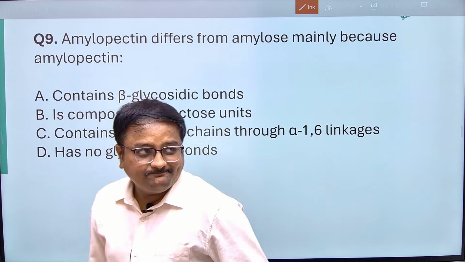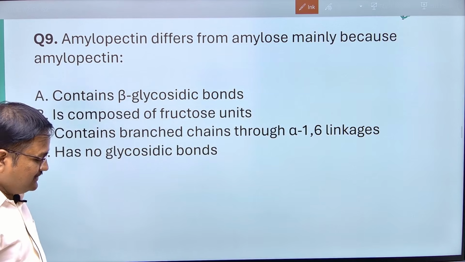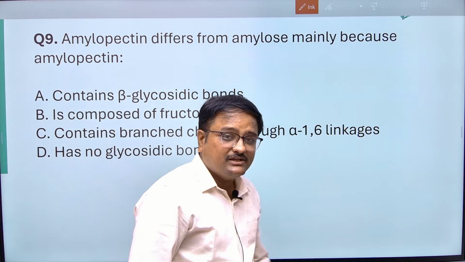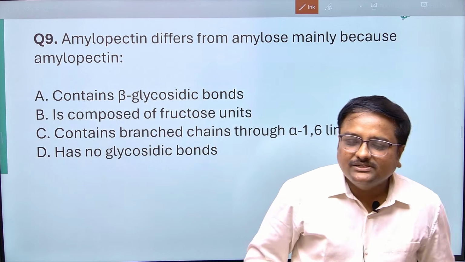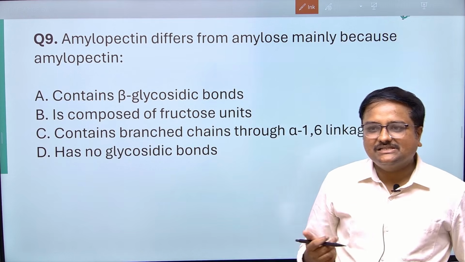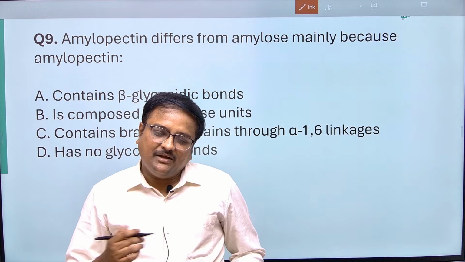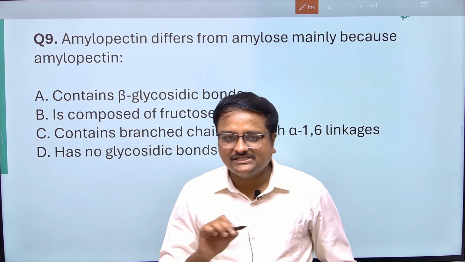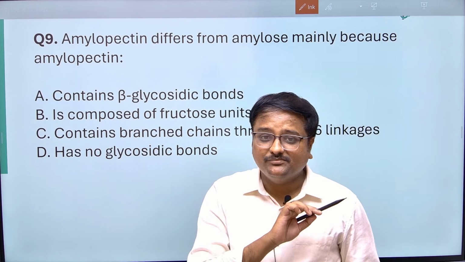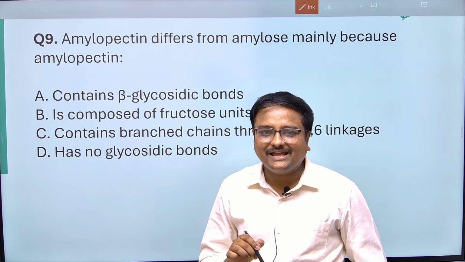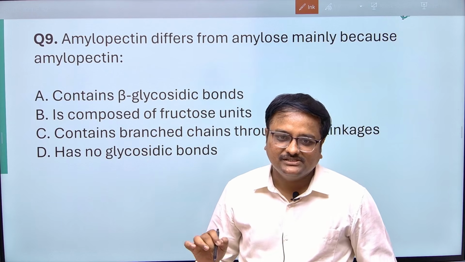If you see, amylopectin is one of the two molecules of starch. Amylose is a linear chain entirely composed of glucose units, whereas amylopectin is a branched molecule.